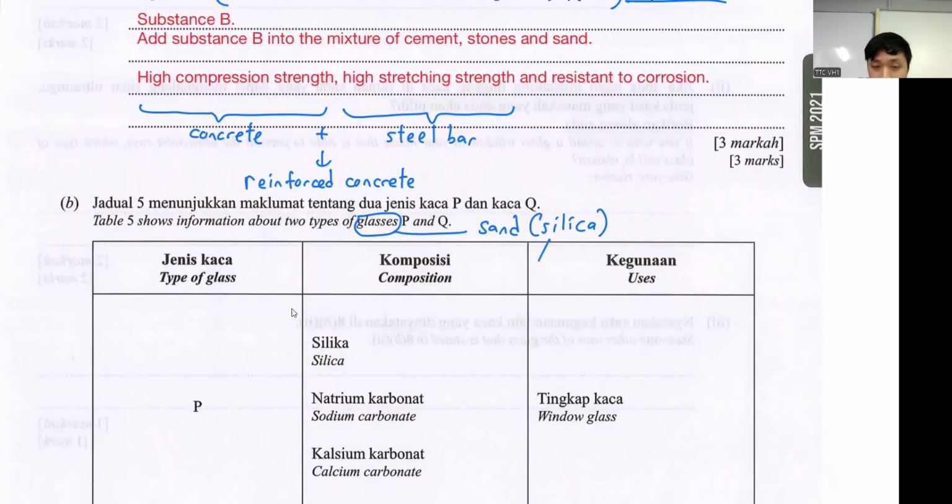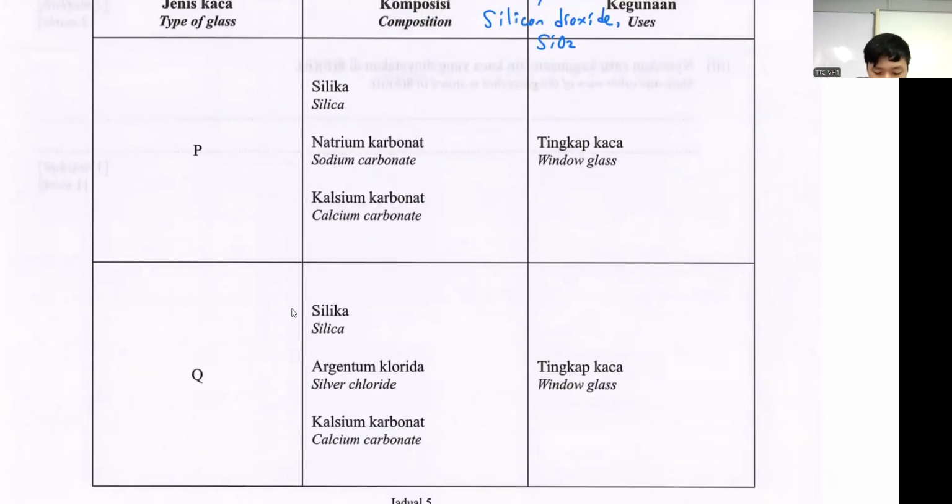The chemical is called silicon dioxide, or silicon(IV) oxide, same thing. It is SiO2. So you see, it doesn't matter which glass, you always have silicon dioxide. But the other materials might be different.